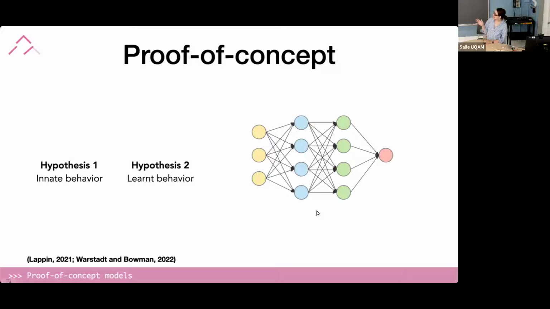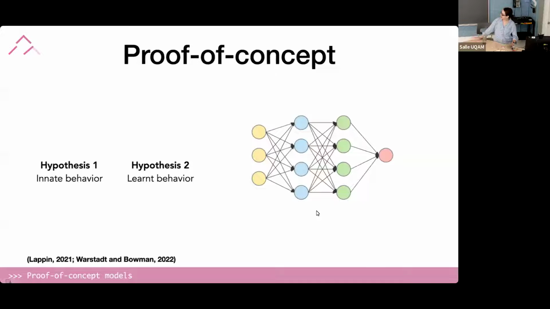Or we might have a second version of this hypothesis, which is that the behavior is fully learned in some way, right? So it can be learned from really general statistical mechanisms. You don't have to have any prior biases, and actually, we learn this purely from experience. There are a lot of those debates in language acquisition. Okay, so we have these two hypotheses.